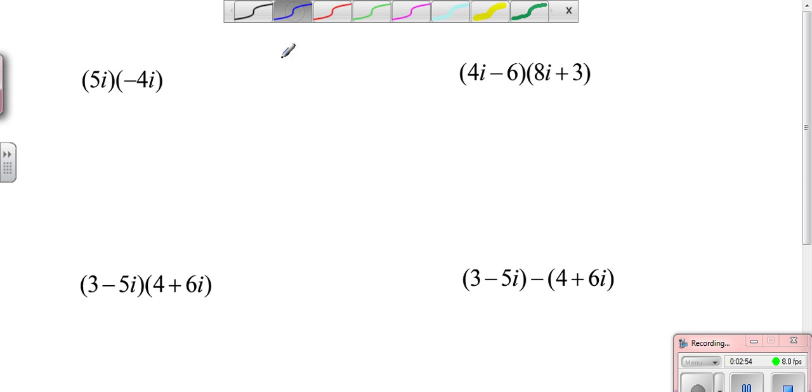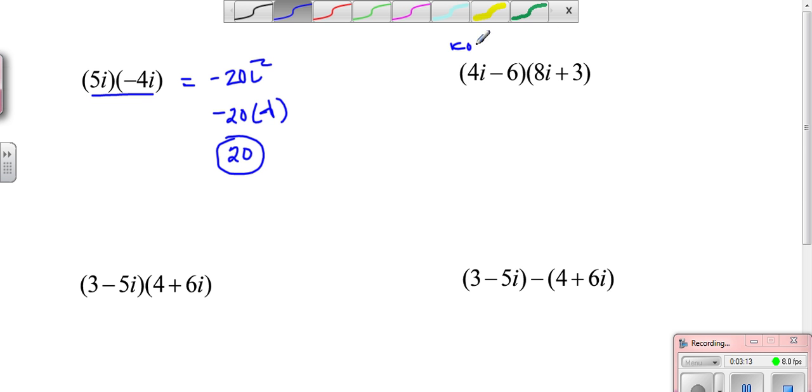Now continuing on with that i work, this is just a multiplication problem. I have negative 20i squared, so I have negative 20 times negative 1, and so I have positive 20. This is a FOIL problem.